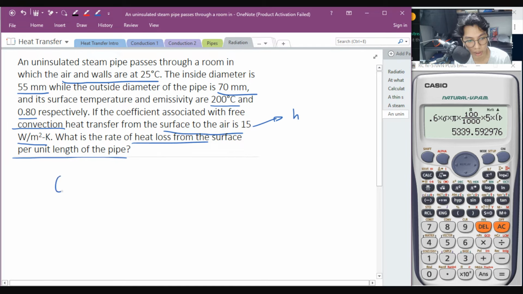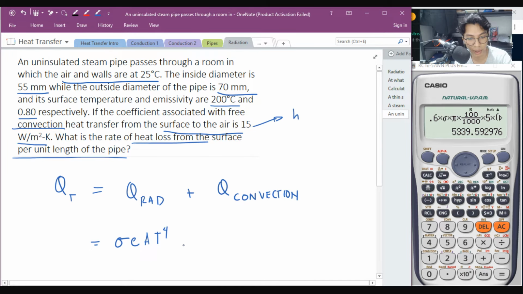So, the total heat transfer dito, meron tayong dalawang mode of heat transfer. Okay? So, you have a radiative heat transfer plus a convective heat transfer. Now, we recall all the formula. So, radiation mo, meron kang sigma, emissivity, area, T to the fourth.